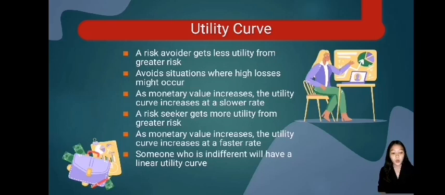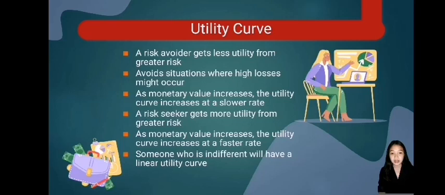Once utility values have been determined, a utility curve can be constructed. And by that, you can determine that a risk avoider gets less utility from greater risk, whereas he or she avoids situations where high losses might occur. As monetary value increases, the utility curve increases at a slower rate.